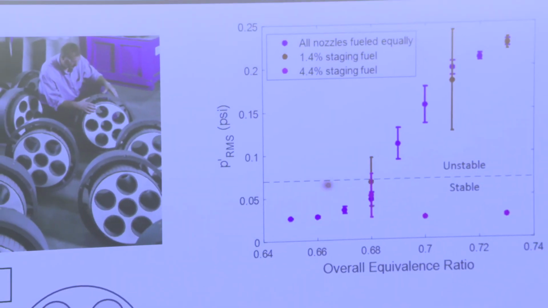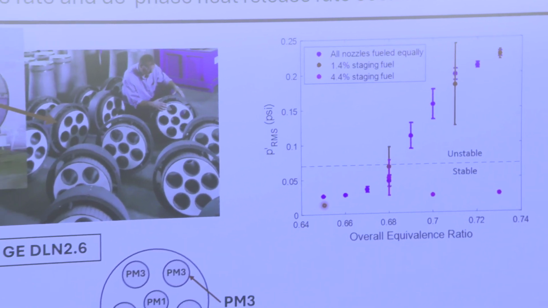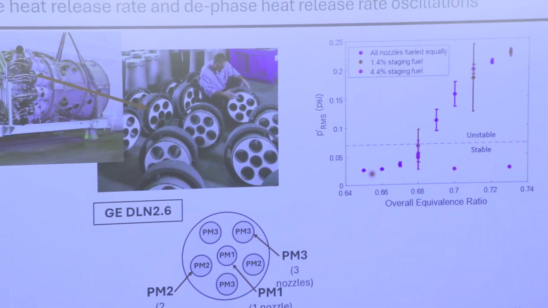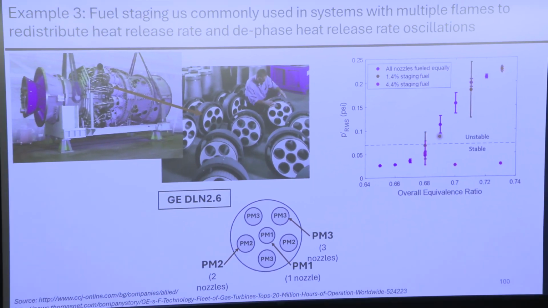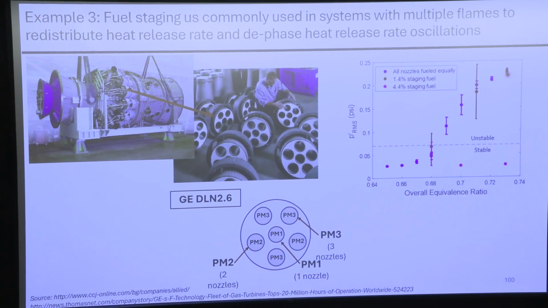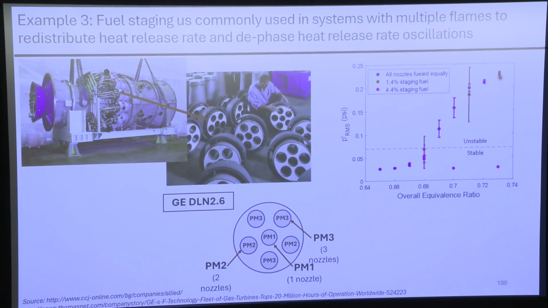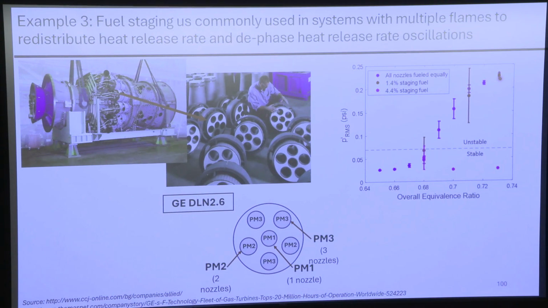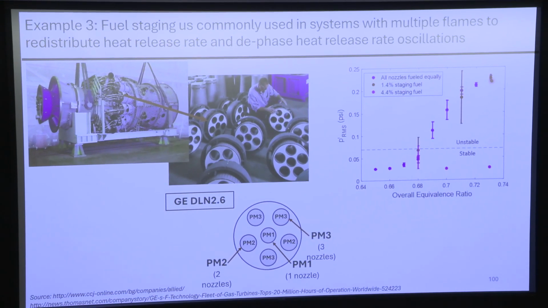So this is how we define stability. This line is kind of arbitrary. The blue is all nozzles fueled equally. And so at equivalence ratios approaching 0.7, this thing screams. And it's really loud. You'll see a picture of it in a second. It's like 115 decibels in the room. It is intense.